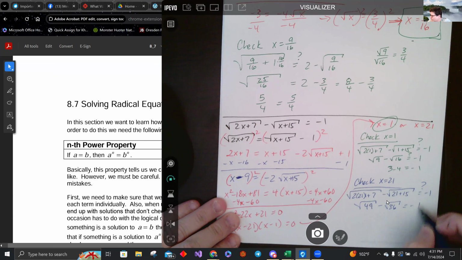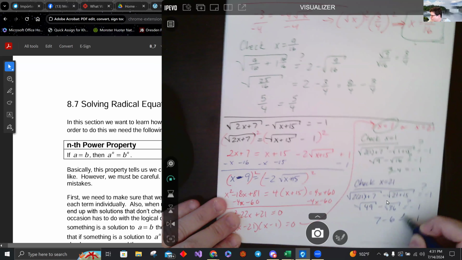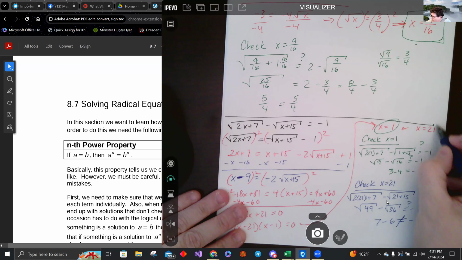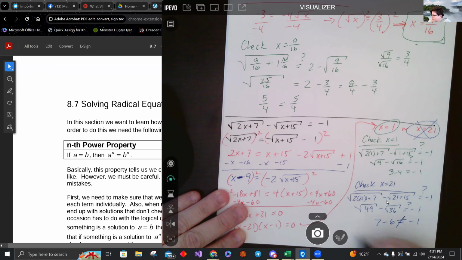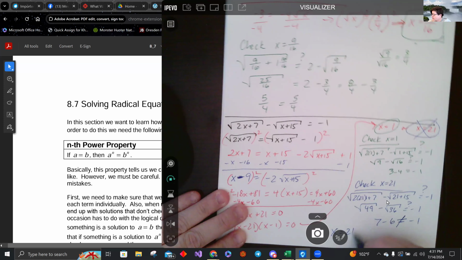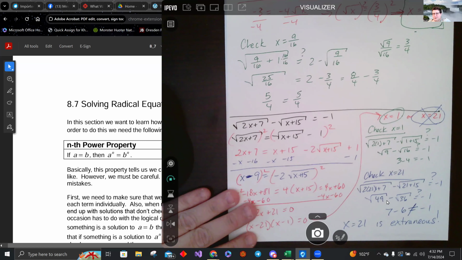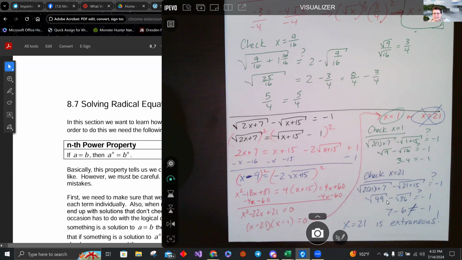Does that equal -1? I get 7 minus 6, which does not equal -1. So x equals 21 is an extraneous solution. It's bad juju. We throw it out, and our only valid answer is x equals 1.